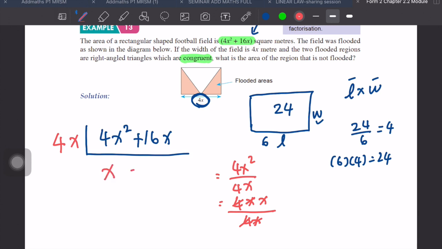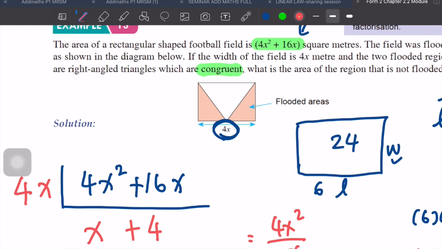Next, saya ada 16x divide by 4x. Potong, 16 bahagi 4, 4. So jawapan saya x plus 4. Maksud dia tinggi kita ni adalah x plus 4.